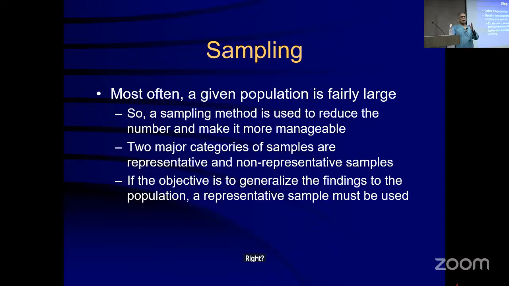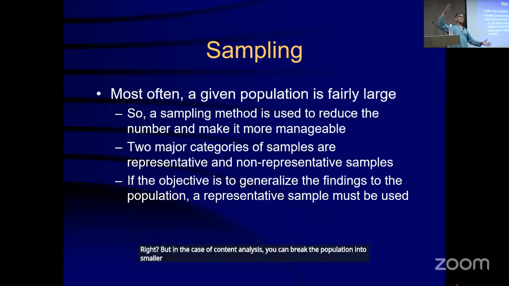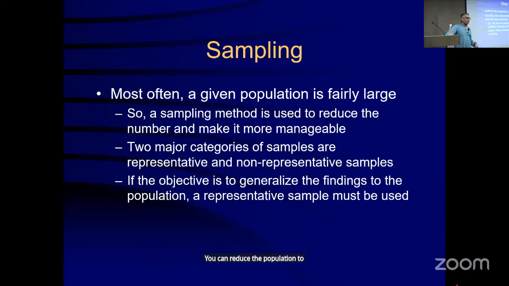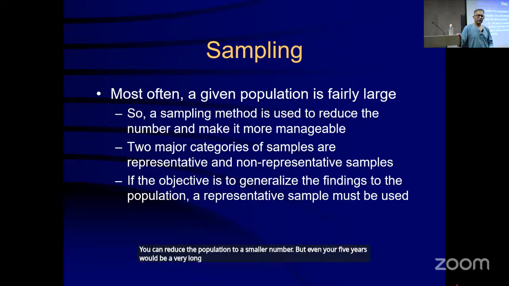But in the case of content analysis, you can break the population into smaller categories. Instead of looking at 50 years, you can say population of that newspaper in the last 5 years. You can reduce the population to a smaller number. But even 5 years would be a very long period because a newspaper is printed almost every day.